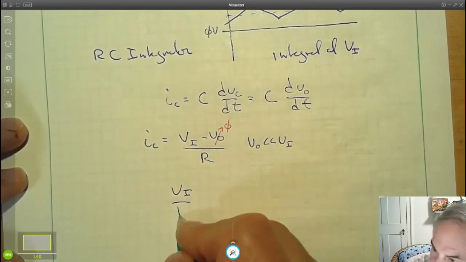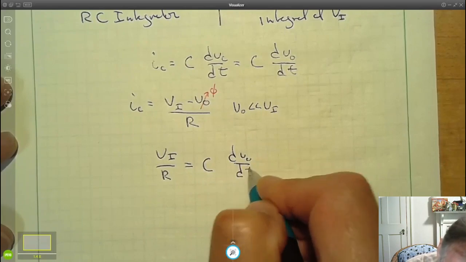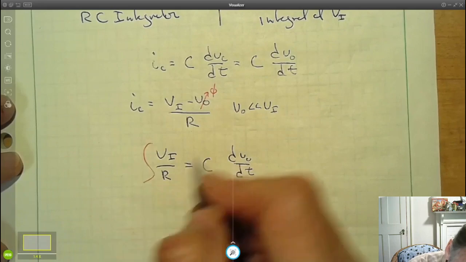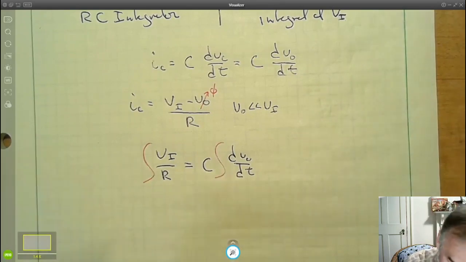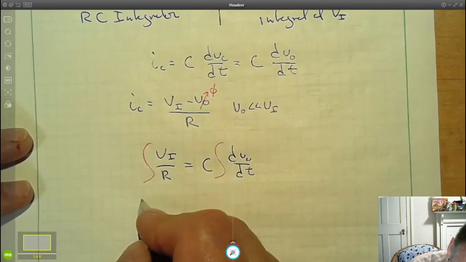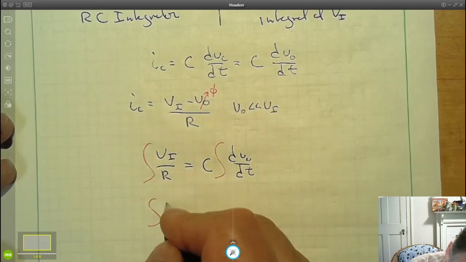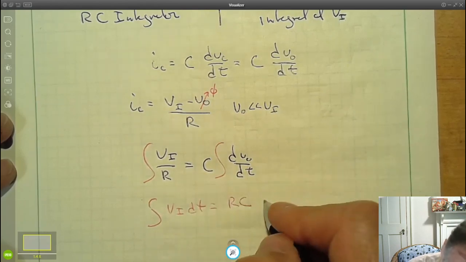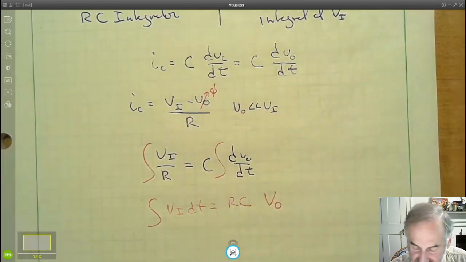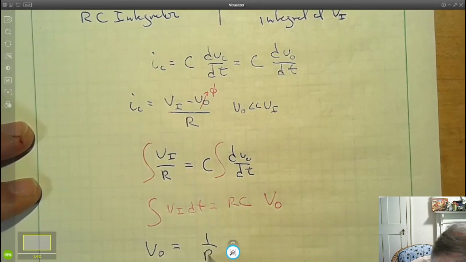V in over R is equal to C dV out over dt, and we're going to integrate both sides. Notice I don't have to put the C inside the integral because it's a fixed value. And in fact, I end up with the integral of V in dt is equal to RC times V out, because the integral of dV out dt is V out. And collecting terms, I end up with V out is equal to 1 over RC times the integral of V in dt.